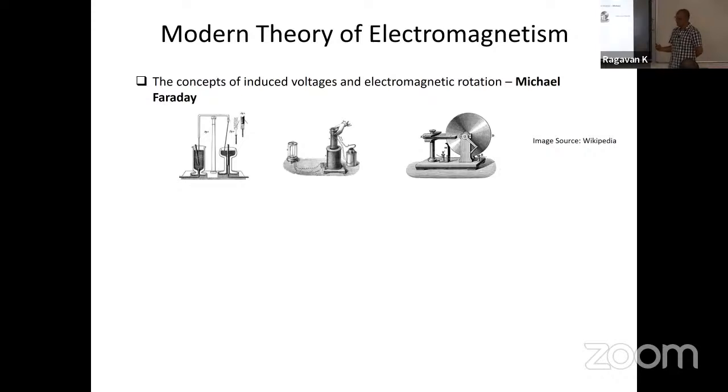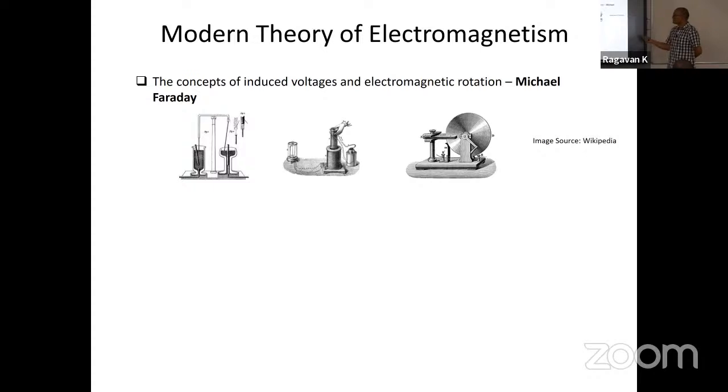Then the main set of experiments where we started thinking that electricity and magnetism are related are to be credited to Michael Faraday. I'll not take you through all three devices; there are more interesting animation based illustrations of them. But he introduced the concept of induced voltages and introduced devices that can demonstrate electromagnetic rotation.